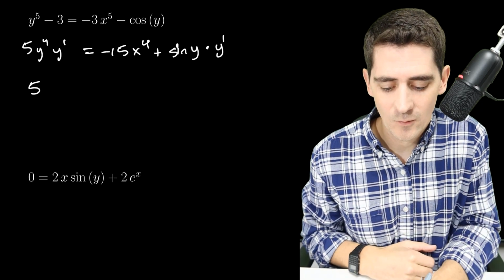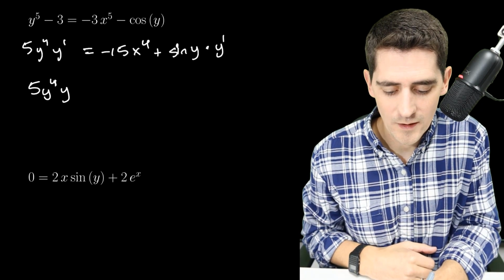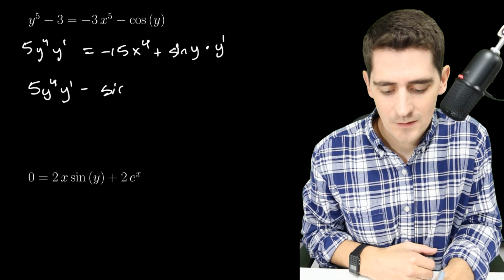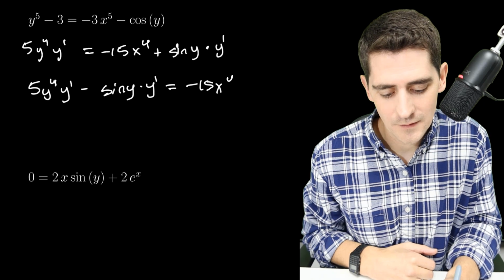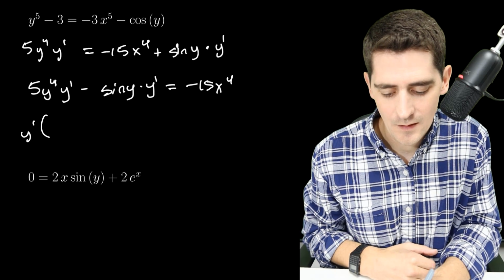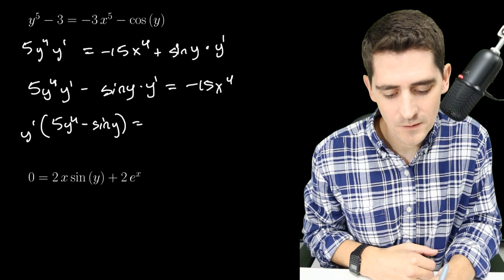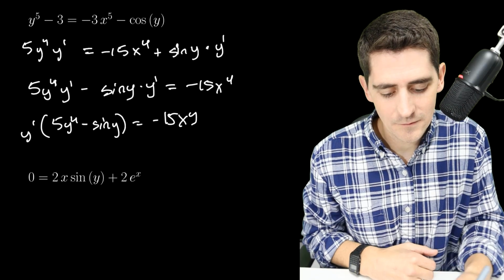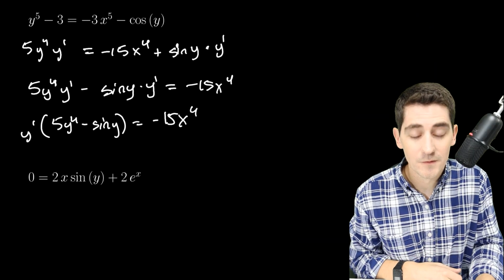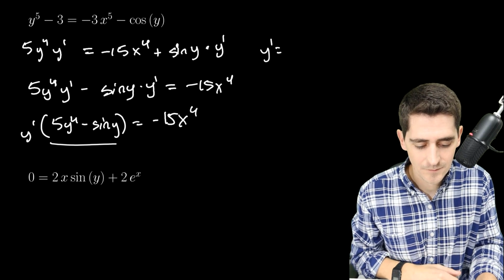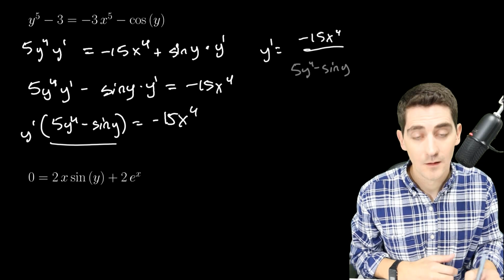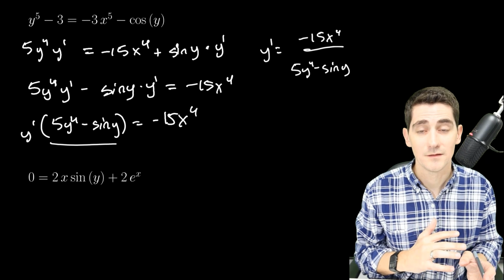So I'm going to have 5y to the fourth y prime minus sine y times y prime equals negative 15x to the fourth. This allows me then to factor out y prime out of both of those terms, and then I can divide both sides by all of this, and I end up with y prime equals negative 15x to the fourth over 5y to the fourth minus sine y.